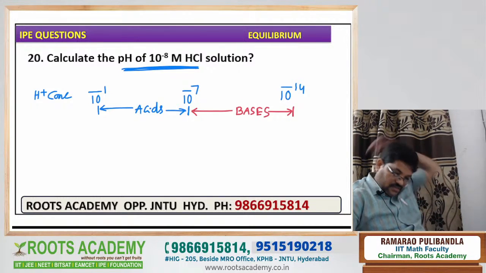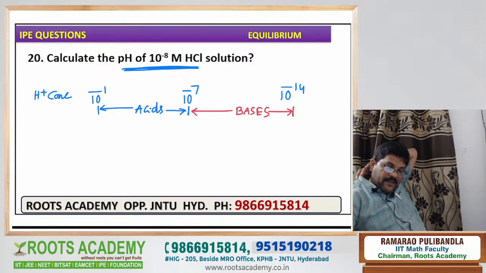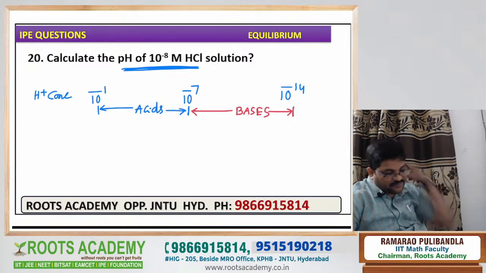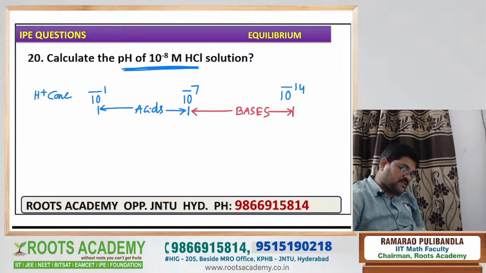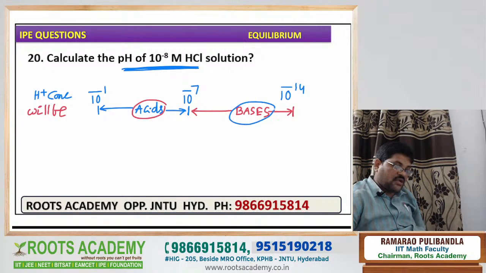Bases. Repeat, on the pH scale, H plus ion concentration from 10 power minus 1 to 10 power minus 7 are acids, and from 10 power minus 7 to 10 power minus 14 are bases.